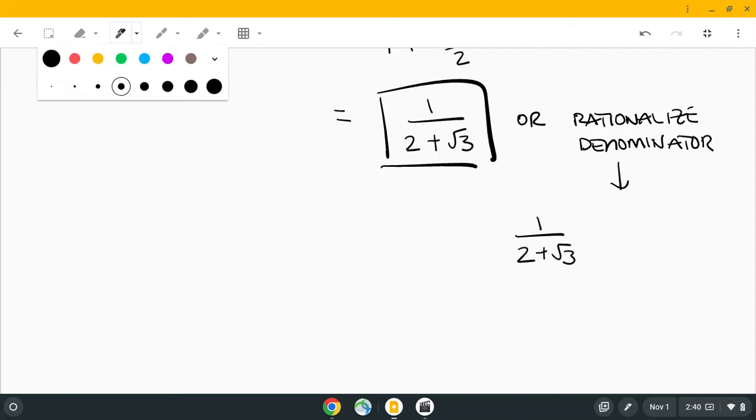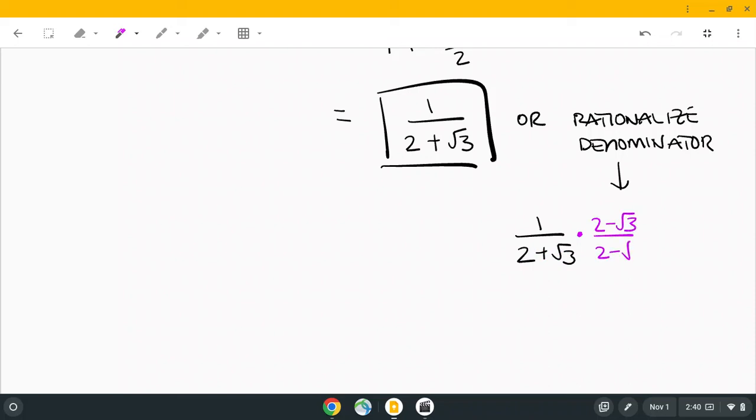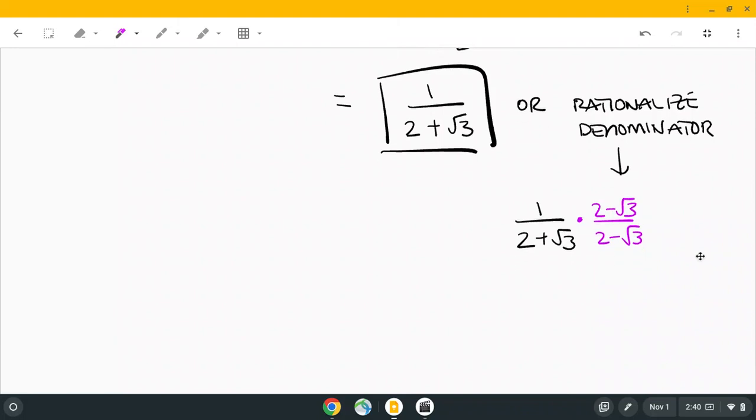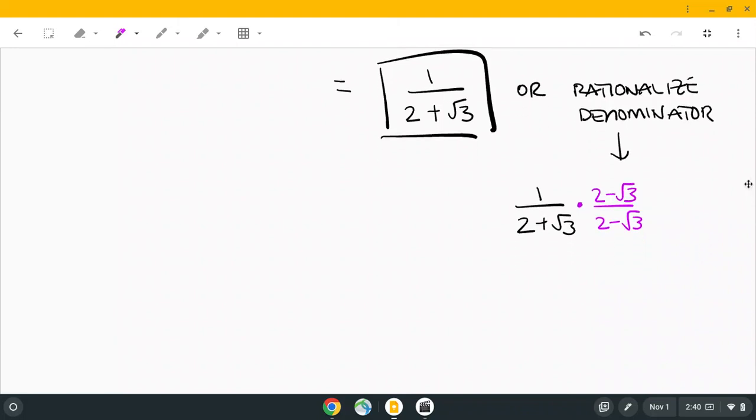We covered it in one of the sections. You rationalize by multiplying by the conjugate of this. The conjugate would be 2 minus square root 3 over itself. Because remember, you can only multiply by 1 written in the form of something over itself. Once you do that, you'll end up with no radicals in the denominator.